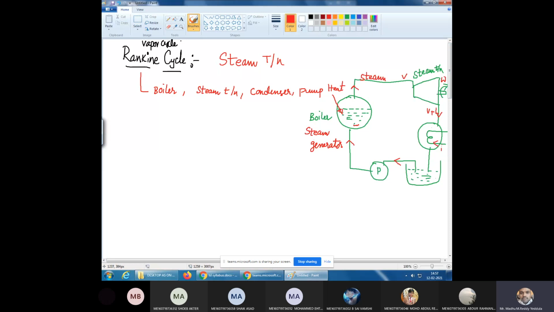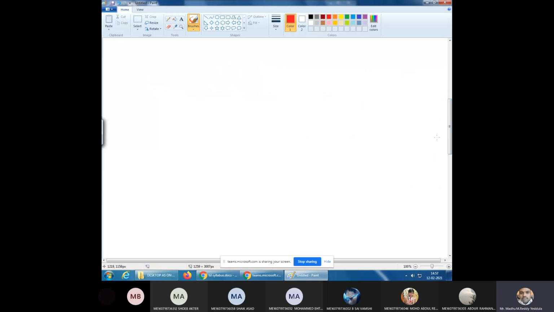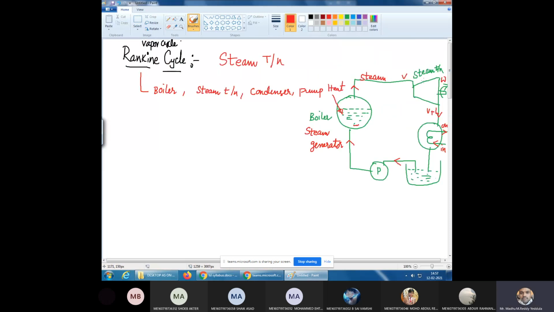So in the condenser, this is the cold water inlet and this is the hot water outlet. Water will be circulated inside the condenser and the steam is allowed to pass over the pipes of the water.